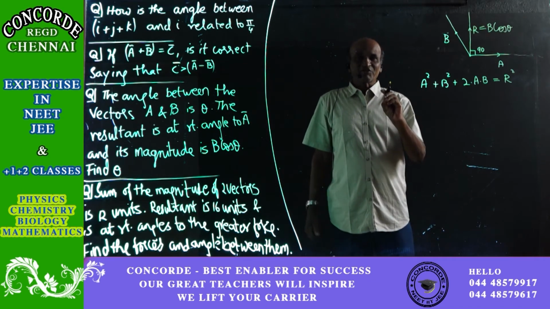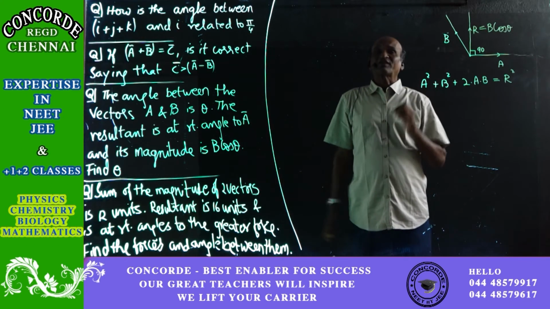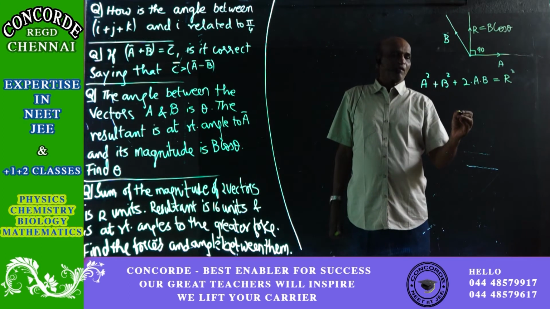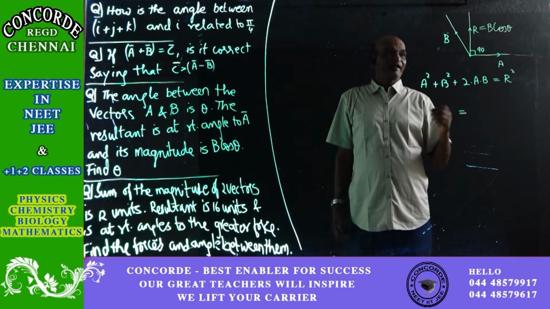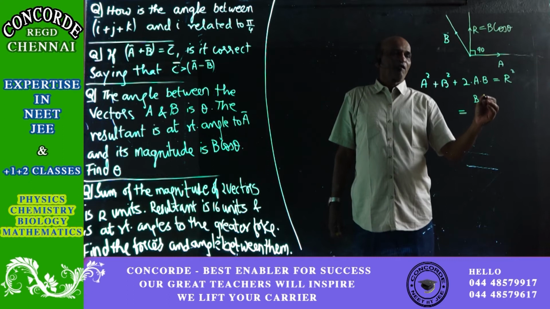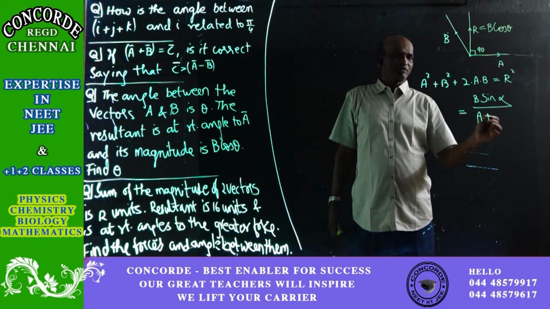So we don't consider the graph into account now. The direction of the resultant is given by tan of the angle for the resultant, which is B sin alpha divided by A plus B into cos alpha.